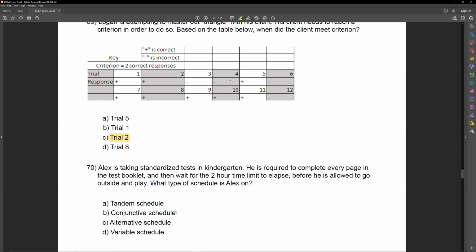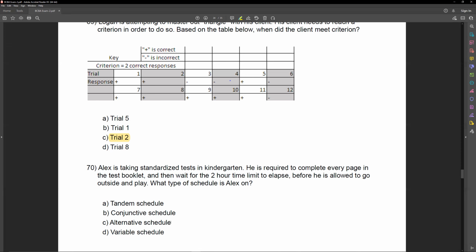Alternative schedule, well, alternative schedule is like a conjunctive schedule, except this is an either or. So either, okay, the ratio or the interval schedule has to occur, but not both, okay? So it's like a conjunctive schedule, right? But only one is going to happen, okay?